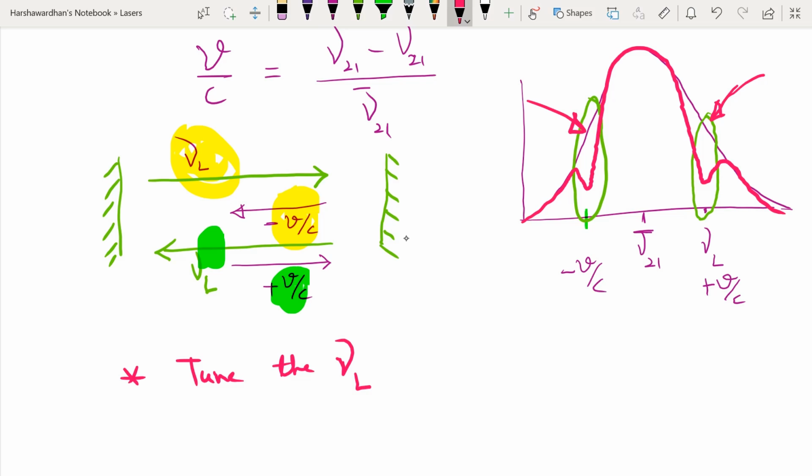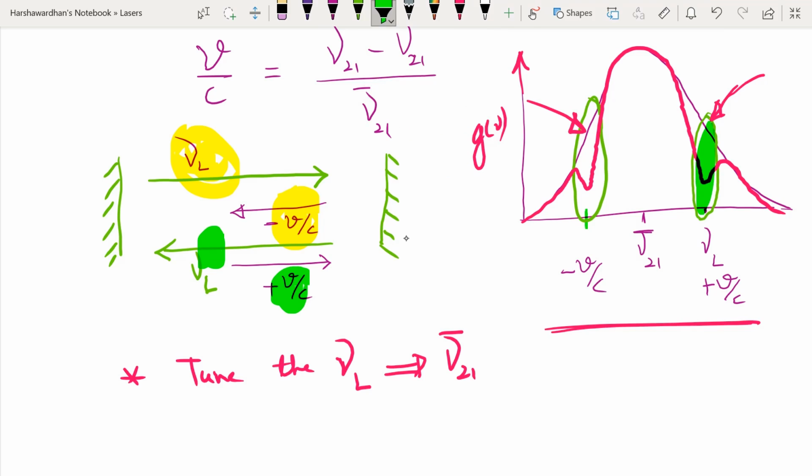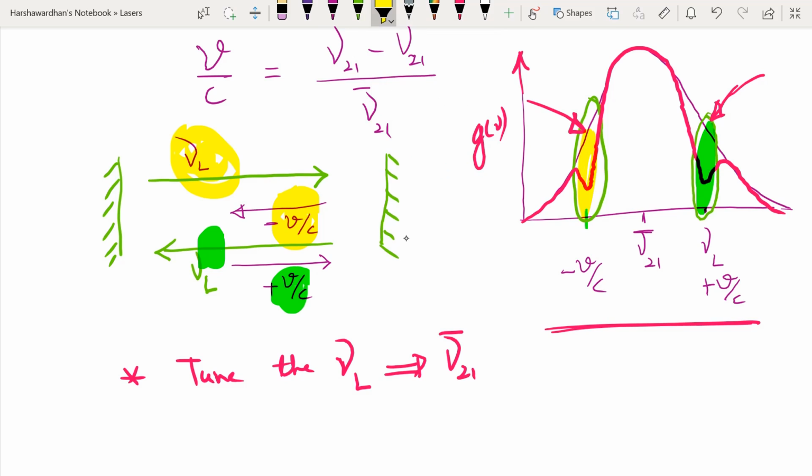So if I tune my nu L such that it matches with the nu 21 bar, you see that these atoms in my figure here were actually talking to an independent collection of atoms, equivalent in number but independent.